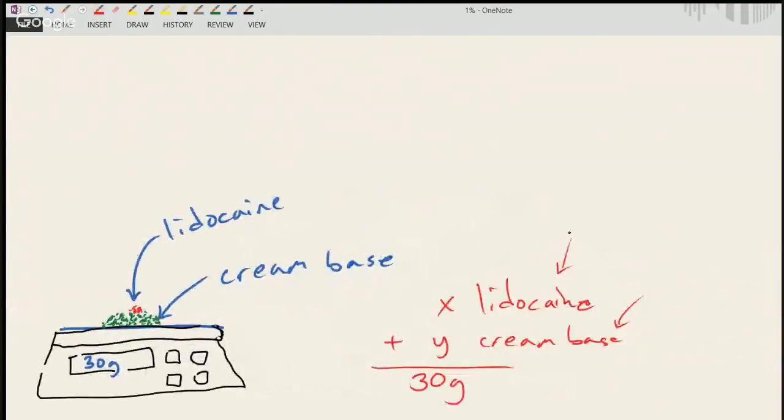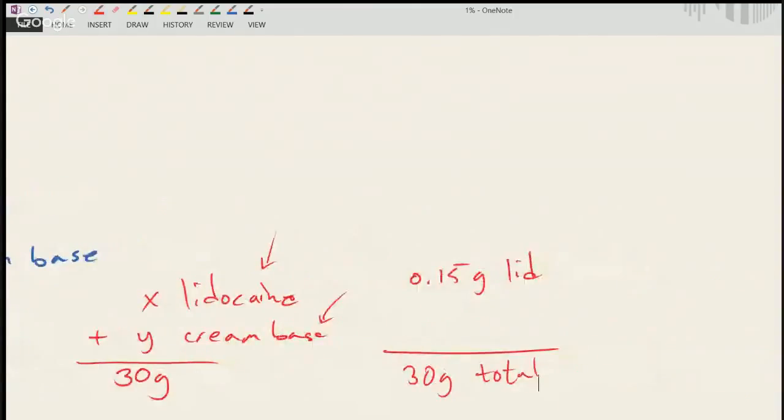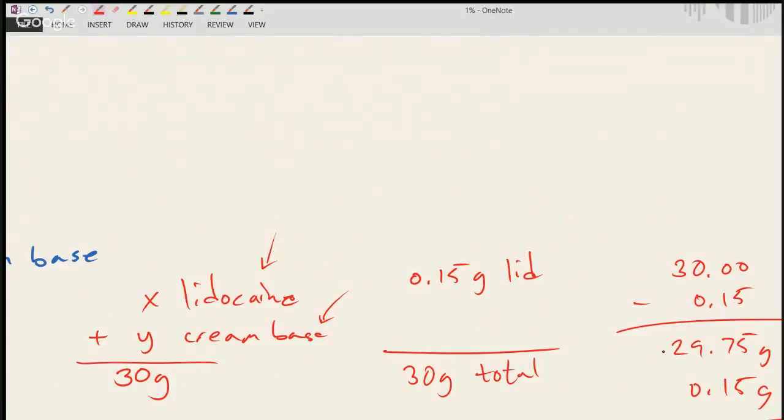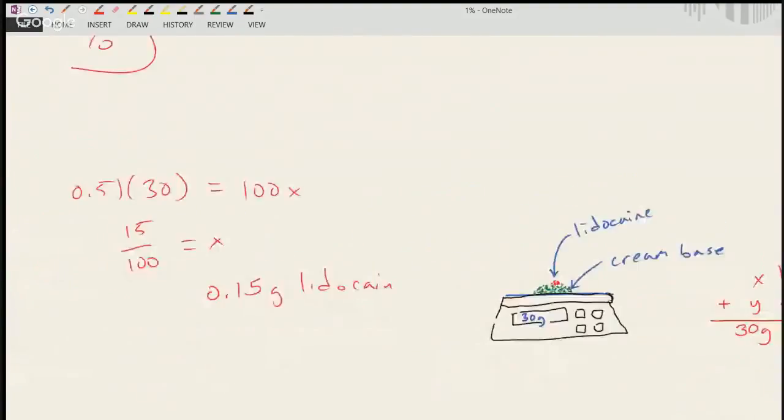So we know that we will have 0.15 grams of lidocaine, and we know that we will have 30 grams total, which means that we would subtract 0.15 from 30, and what would we get? 29.75 grams of cream base, 0.15 grams of lidocaine, and that will give us 30 grams total. That's how we would mix this burn cream.